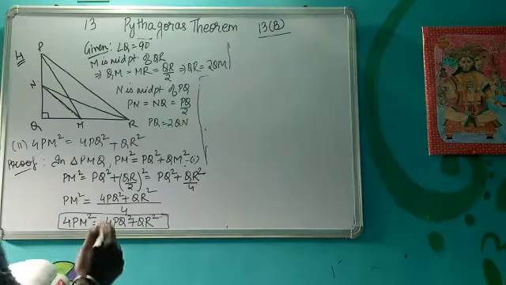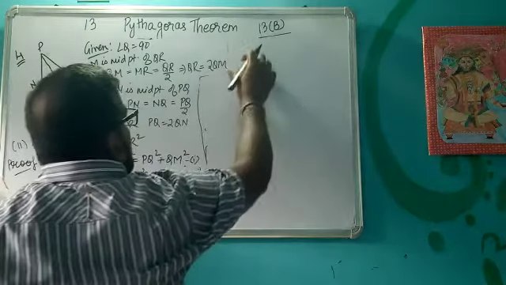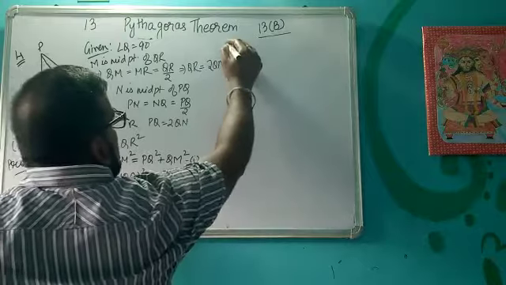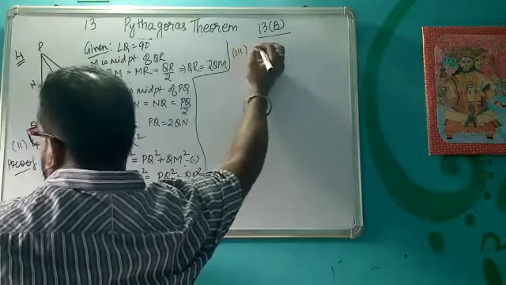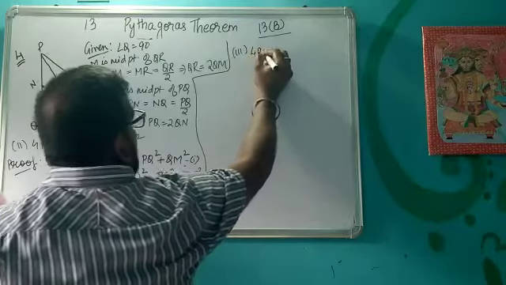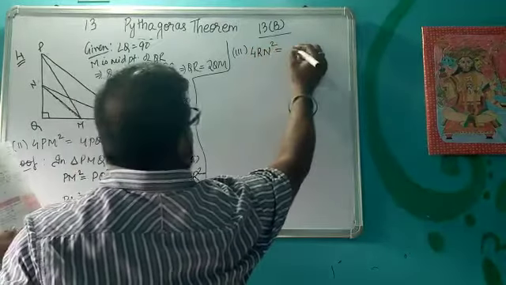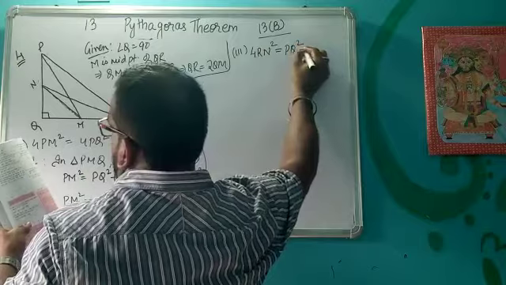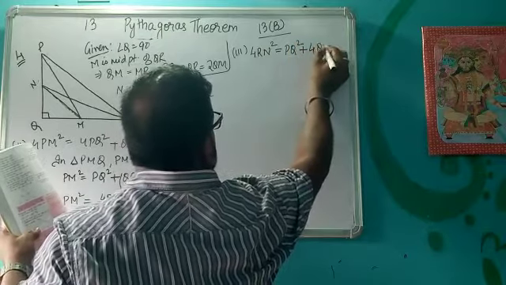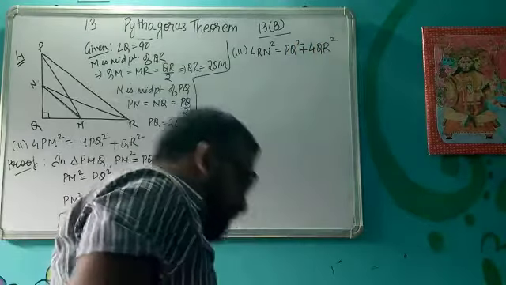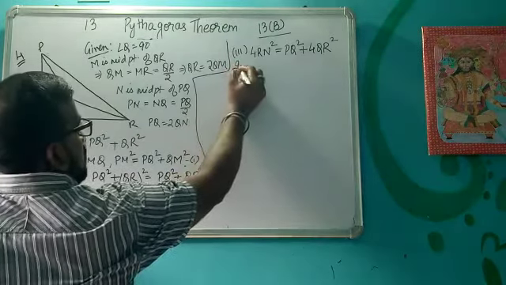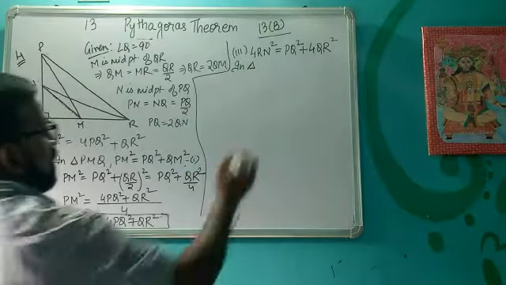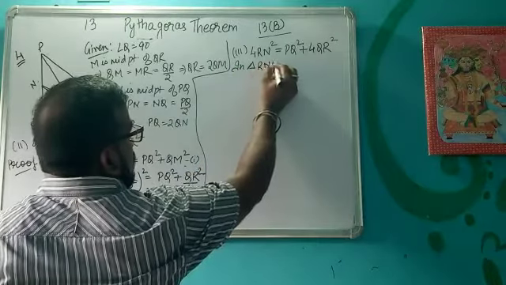Then in the third part, what we need to prove is 4 RN square is equal to PQ square plus 4 QR square. So again, we will take the triangle that we have taken in the first part, triangle RNQ.